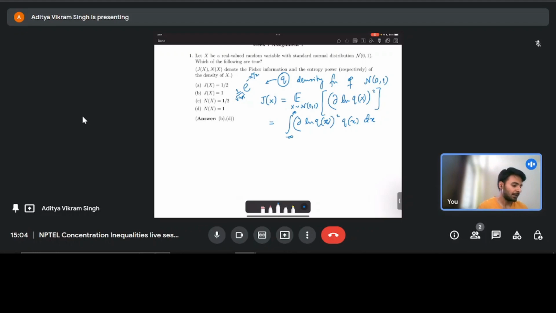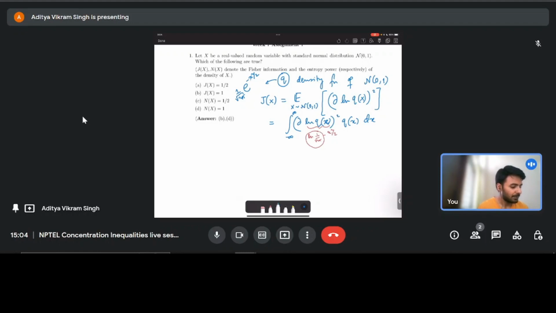So what would be ln of q(x)? It would be ln of 1 by root 2 pi plus ln of this e power thing, which will just give us minus x square by 2. Once we take the derivative, the ln of 1 by root 2 pi factor will go away, and we'll only have this x square by 2 factor, the square of that.